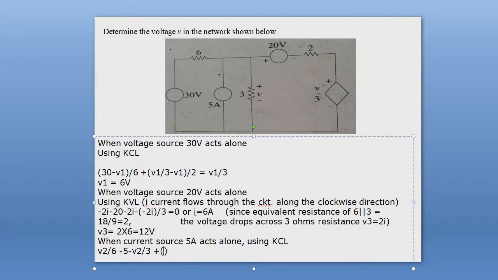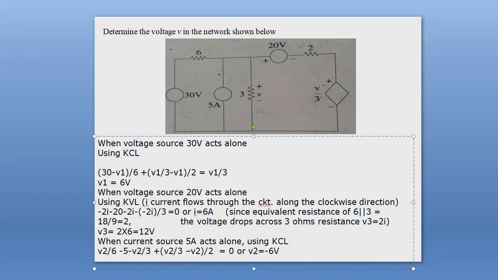Write yourself. V2 by 3 minus V2 divided by 2 equal to 0, or we can write V2 equal to minus 6 volt.